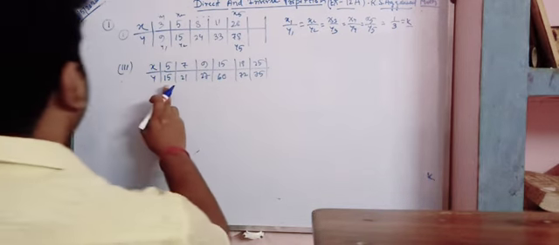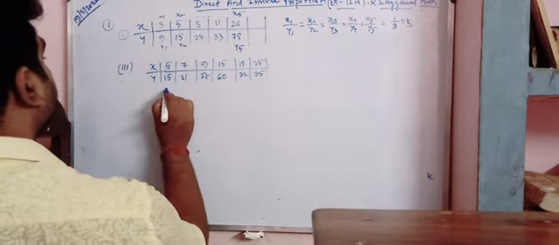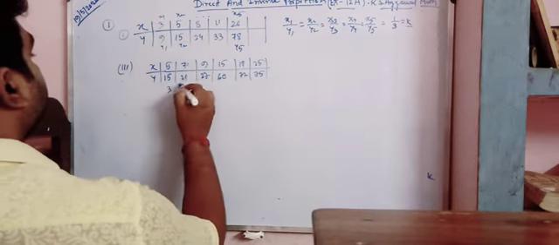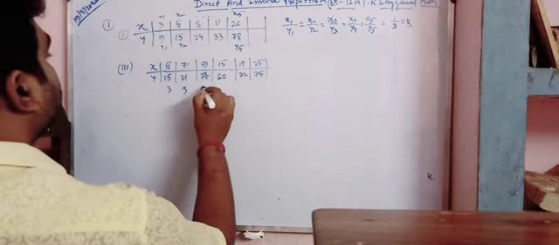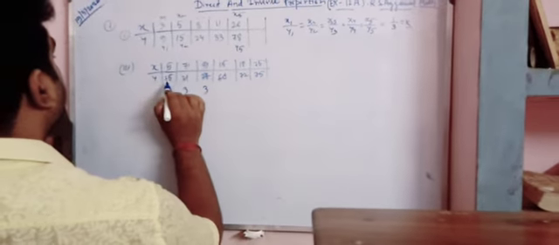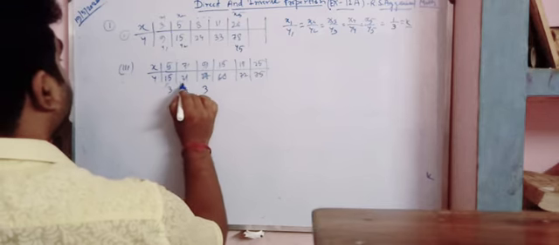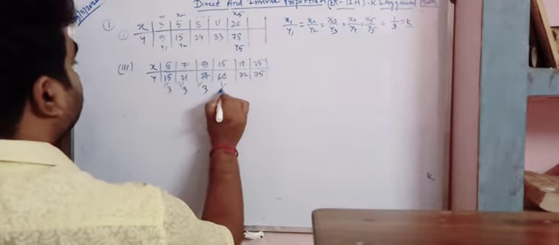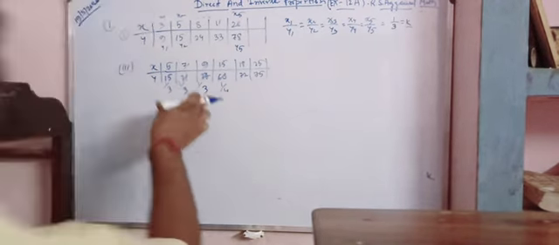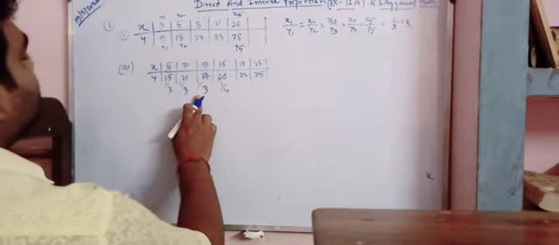If we find this, this should be 3, this should be 3, this should be 3, but this is not 3 actually. If we find the ratio of this, we are getting 1 by 3, 1 by 3, 1 by 3, but this is 1 by 4. So in one step we are getting a value that is not equal to 1 by 3, that is not equal to k.